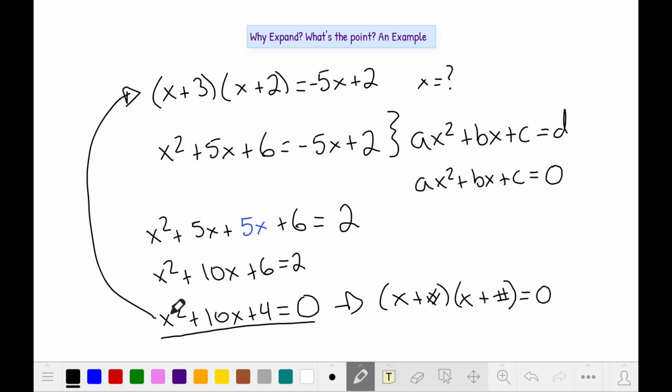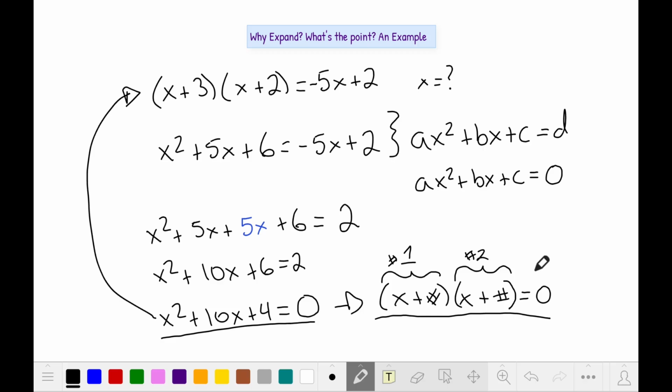Because if we can make this bottom equation look like this, we'll have a multiplication of two numbers, because remember, even though these have x's, the x is still just a number at the end of the day. So we've got some number 1 times some number 2 equals 0.